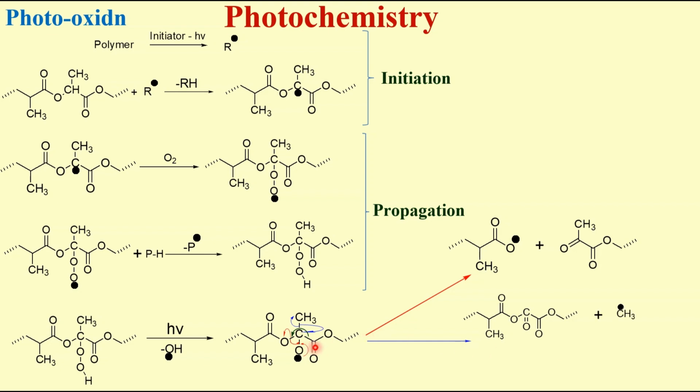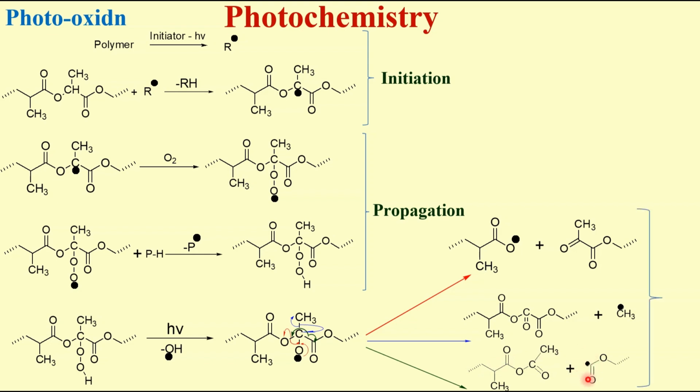Or this is also a beta position, three beta positions. The scission can also occur over here. One electron can move over here, another electron forms the bond with this carbonyl group, and I will get a carbonyl derivative and a carbonyl radical.